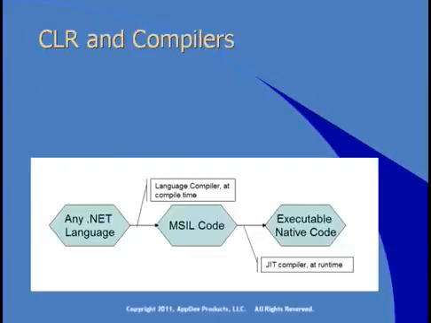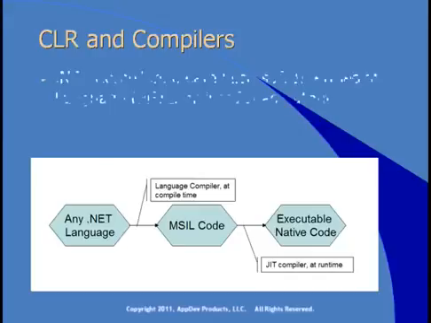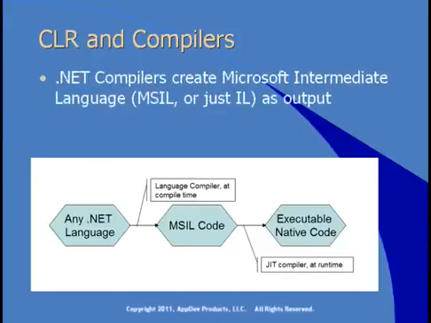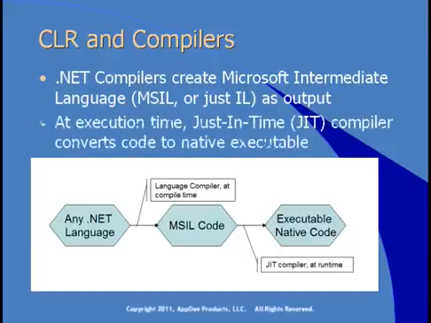Now, as I mentioned, the CLR and its compilers create MSIL on output. They don't create native code, they create IL. At execution time, the just-in-time compiler converts that IL code to native executable, and this little picture diagrams that.